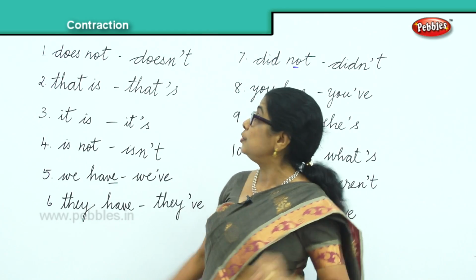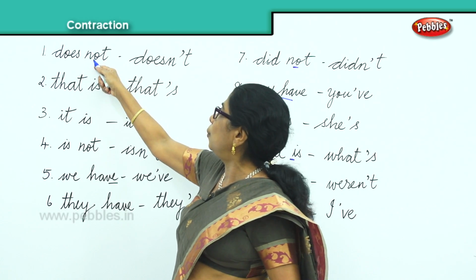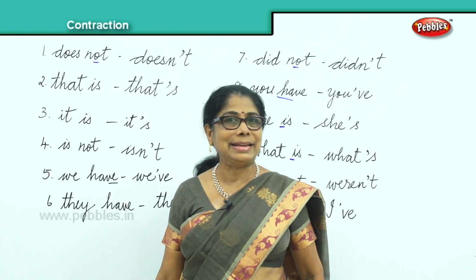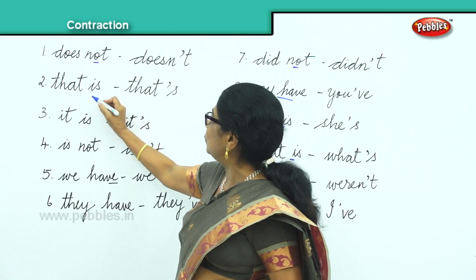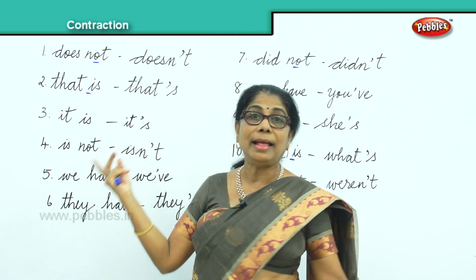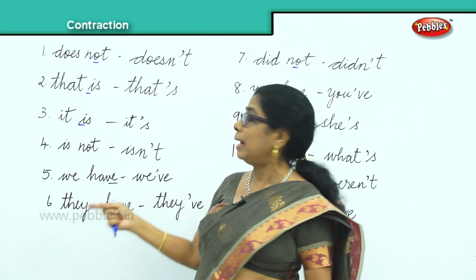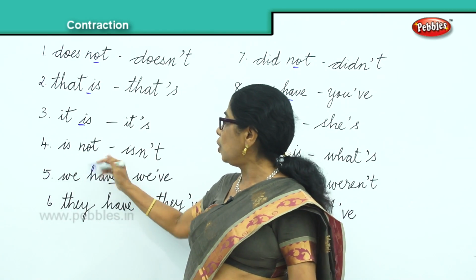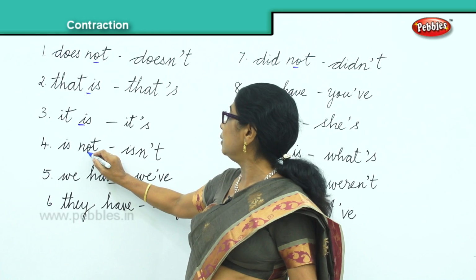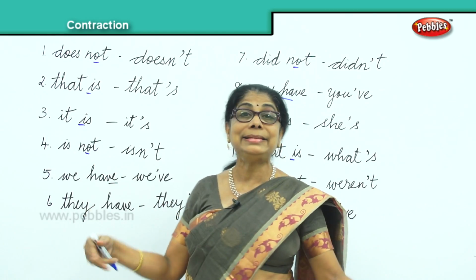Does not, you take away the O and make the contraction. Doesn't. That is, you take away the I and you say that's. It is, again you take away the I and say it's. Is not, here you take away the O and you write isn't.